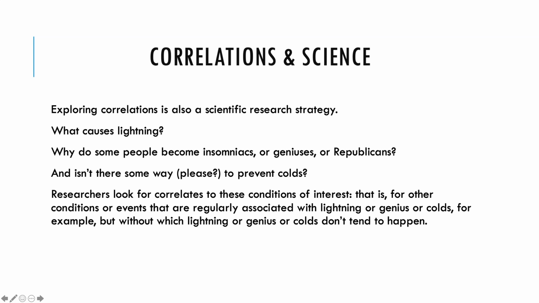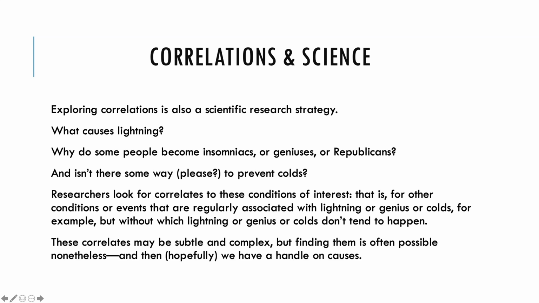Researchers look for correlates to these conditions of interest, that is, for other conditions or events that are regularly associated with lightning, or genius, or colds, for example, but without which lightning or genius or colds don't tend to happen. These correlates may be subtle and complex, but finding them is often possible nonetheless, and then hopefully we have a handle on causes.